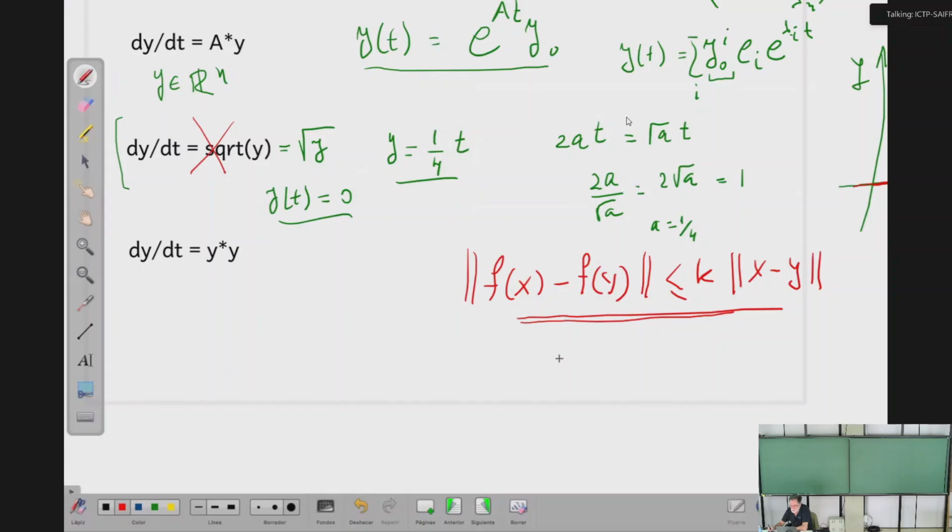I don't know whether you are familiar with this. For instance, the following function is Lipschitz. Let me remember how it is. It's x sine of 1 over x. It is Lipschitz near 0.